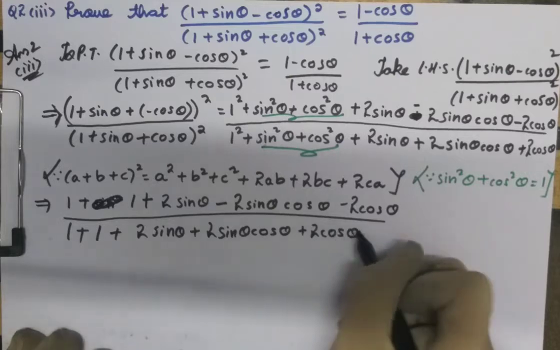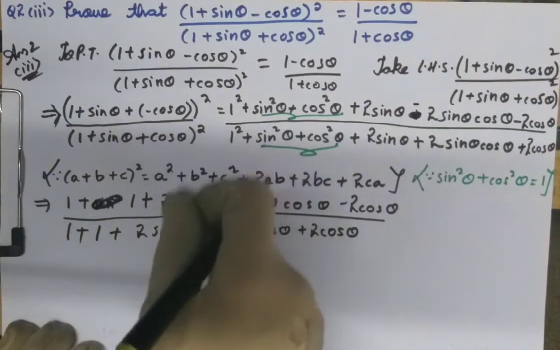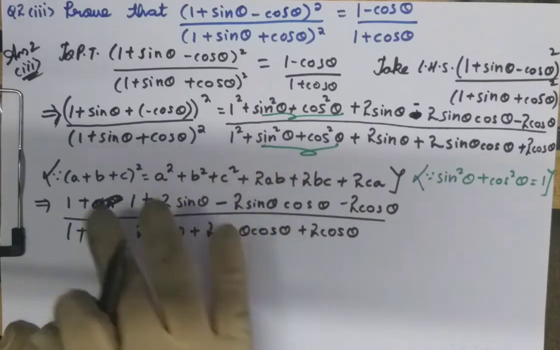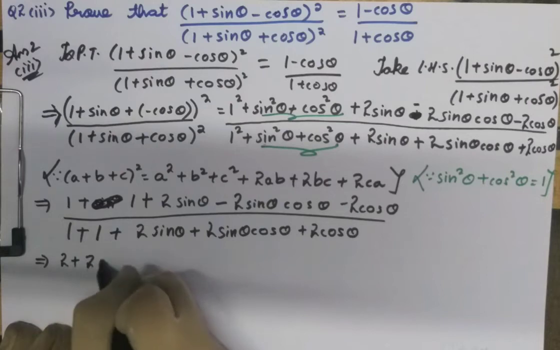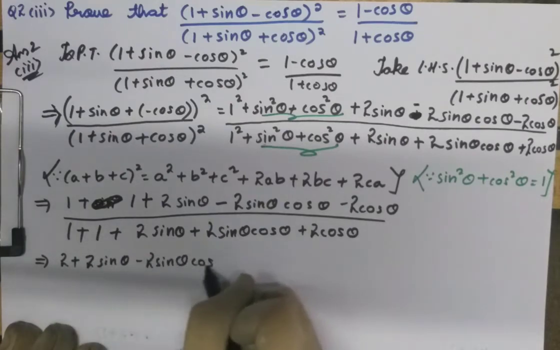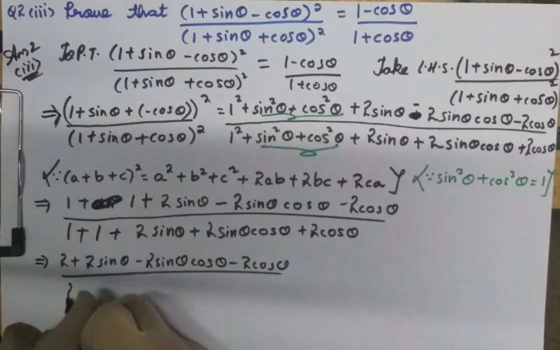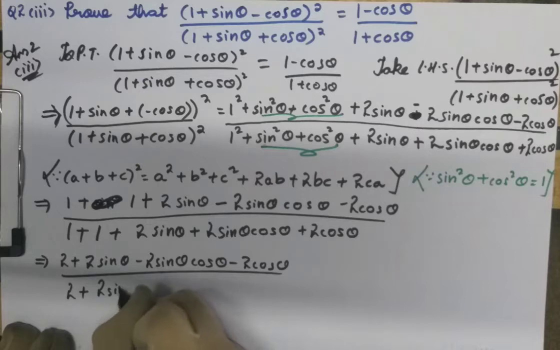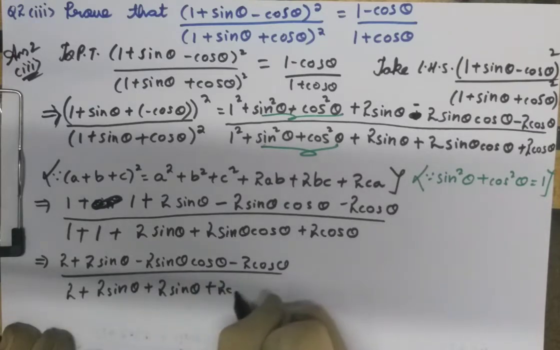Now I'll divide by 2 in both numerator and denominator. When I divide by 2, 1 plus 1 is 2, right? We can write this as 2 plus 2 sine theta minus 2 sine theta cos theta minus 2 cos theta, divided by 1 plus 1 is 2 plus 2 sine theta plus 2 sine theta cos theta plus 2 cos theta.